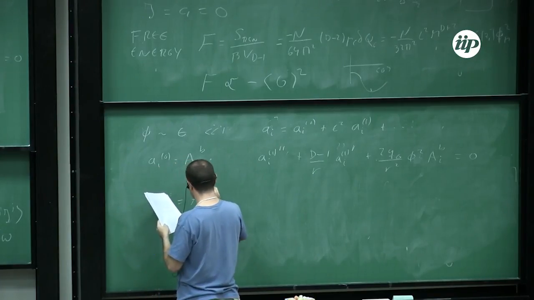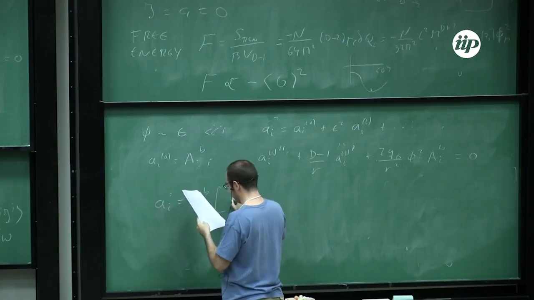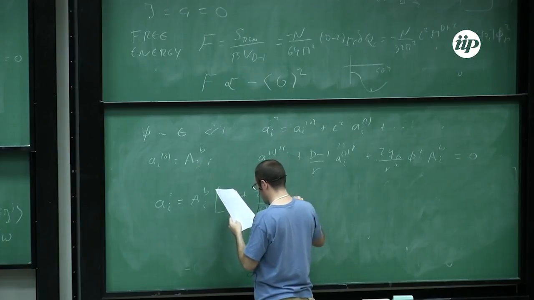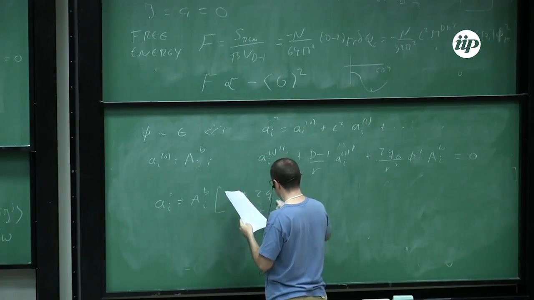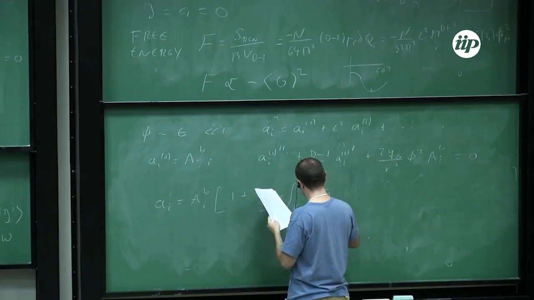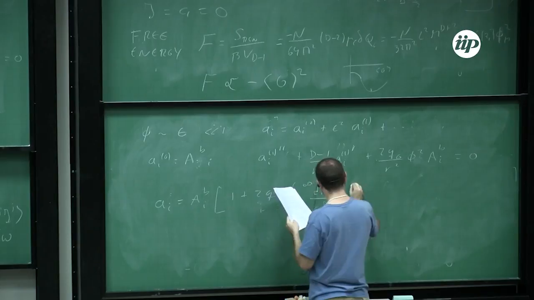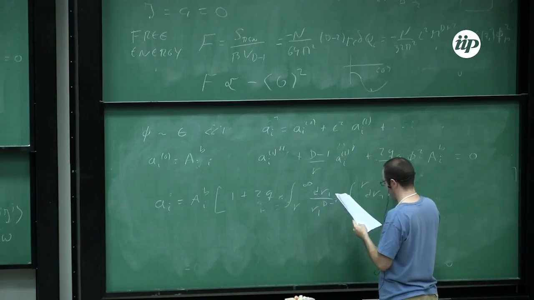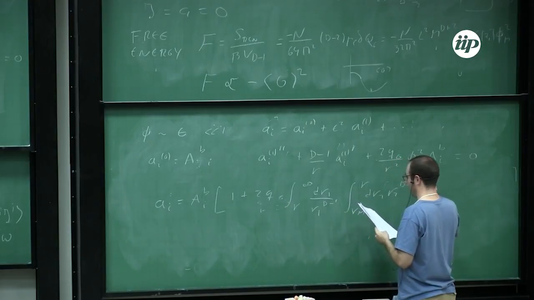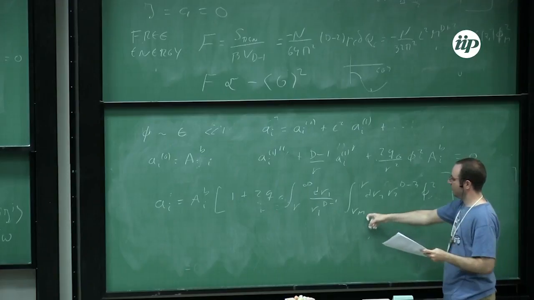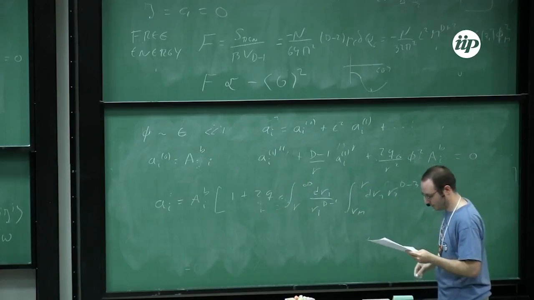And then one finds that the solution for the gauge field is this one. Okay, and these limits are chosen in the same way as before.